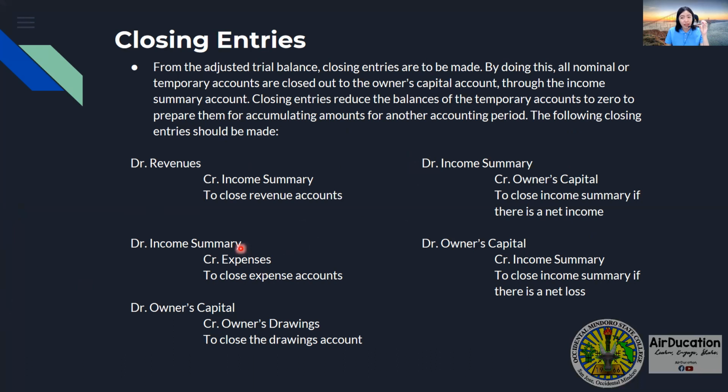Since debit ang nature ng expenses natin, kapag nag-close tayo, napupunta na siya sa credit side. So, ang debit natin doon ay income summary at minus natin yung expenses. Okay? Once we're done with that, we can consider the owner's capital.